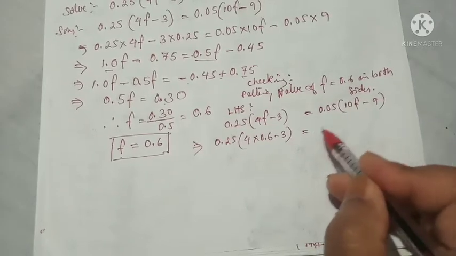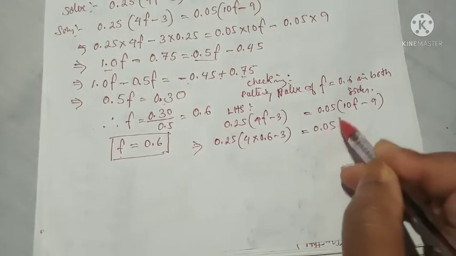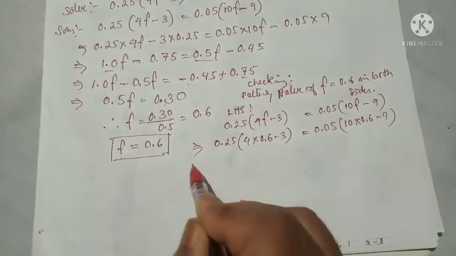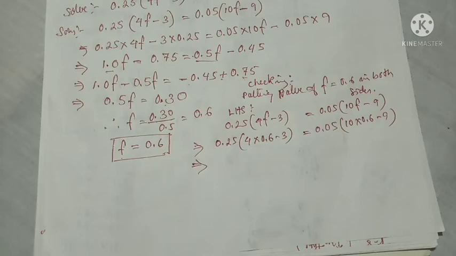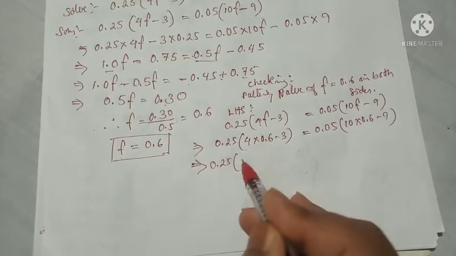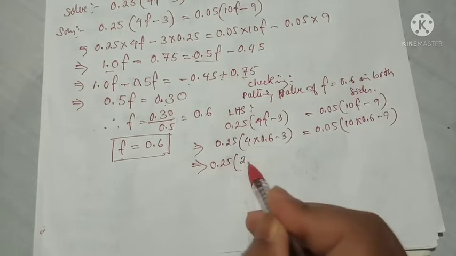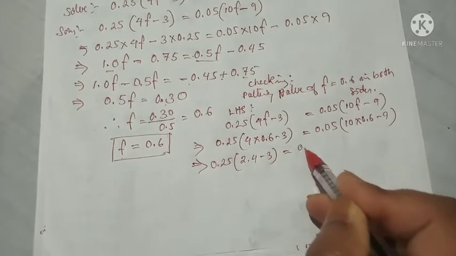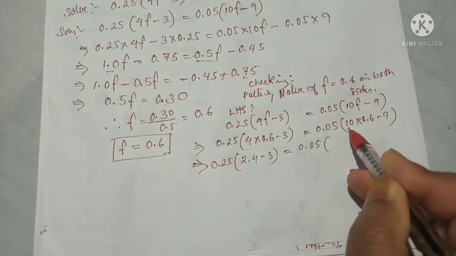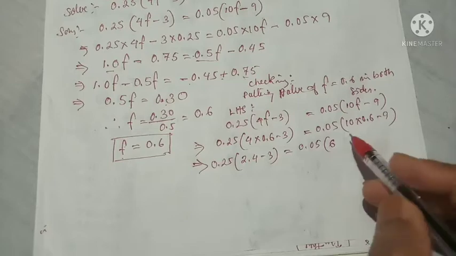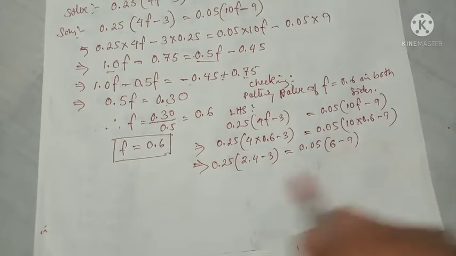In the right hand side, 0.05 into 10 into 0.6 minus 9. Now, if you multiply, the answer will be 2.4 minus 3. On this side 0.05, if you multiply 10 into 0.6, you will get 6 minus 9.